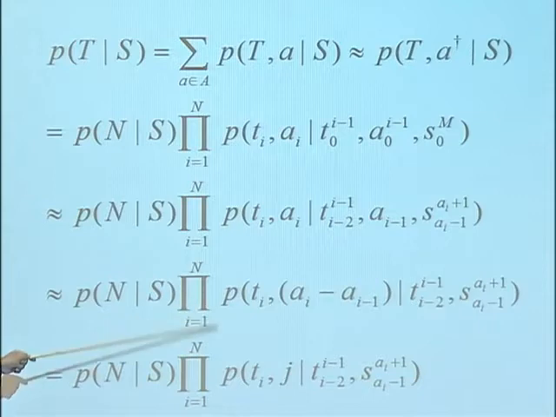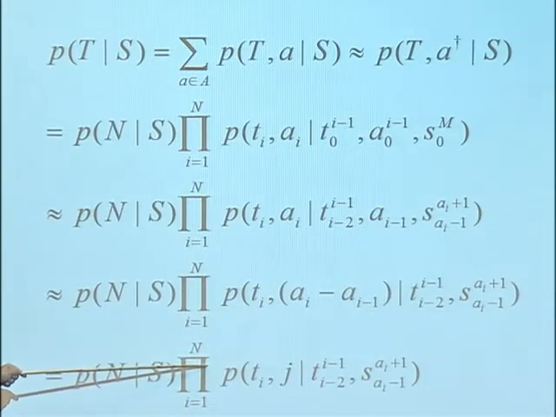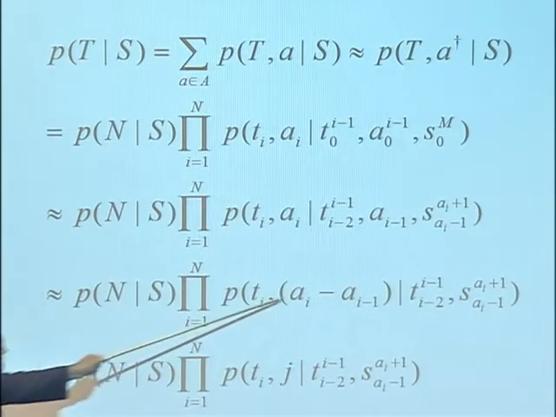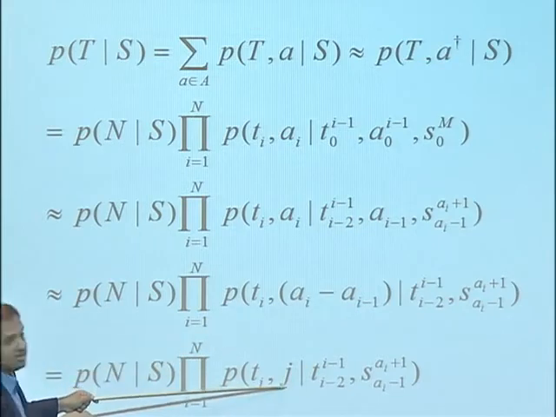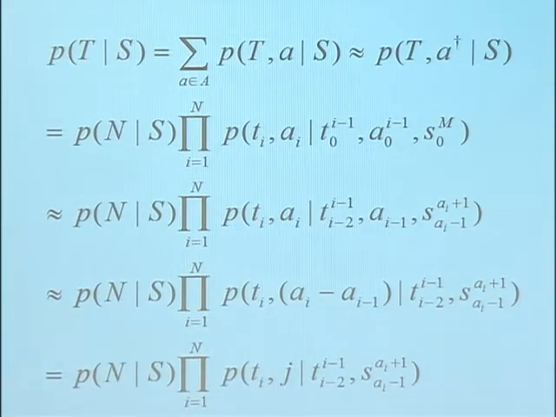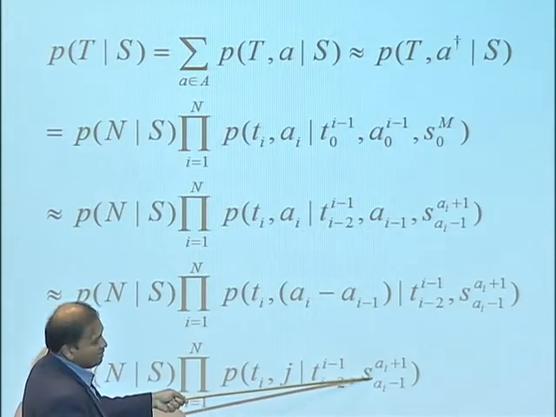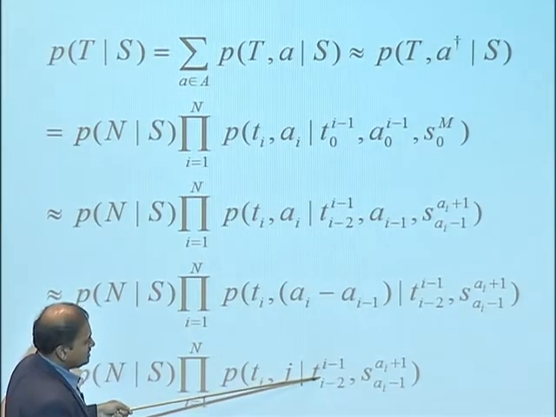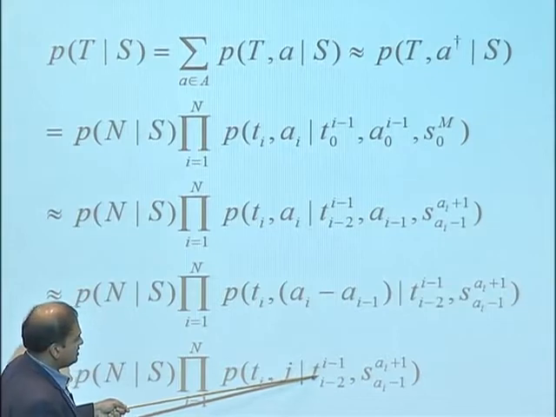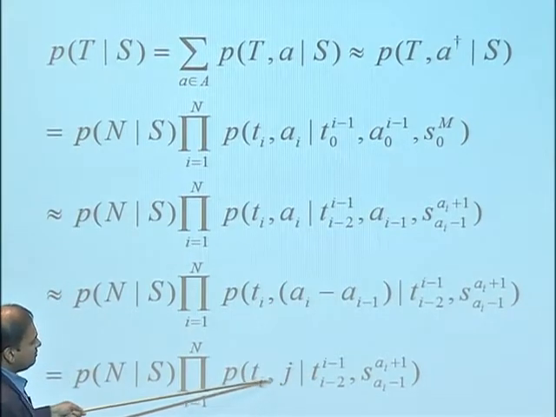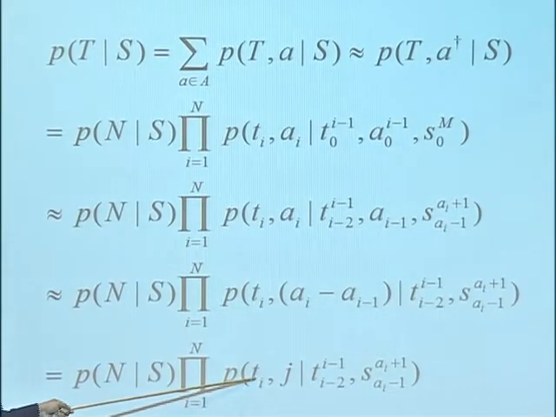And from here to here, I haven't done anything except replace this by an index called j. Okay? So our final model says, given the source around our current generation point, the previous targets that we've produced, predict the jump and what we're going to produce at this point.